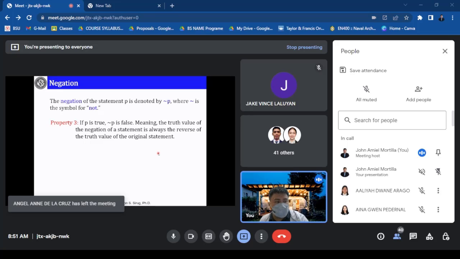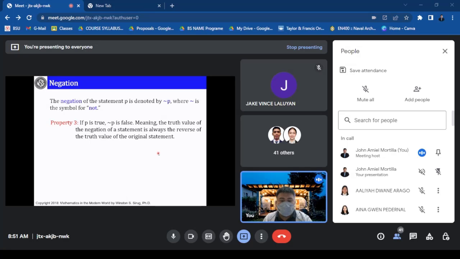So meaning the truth value of the negation of a statement is always the reverse of the truth value of the original statement. Okay, so we have P. If P is true, not P is false; if P is false, not P is true. So ano ito? Kabaliktaran lang ng ating statement.